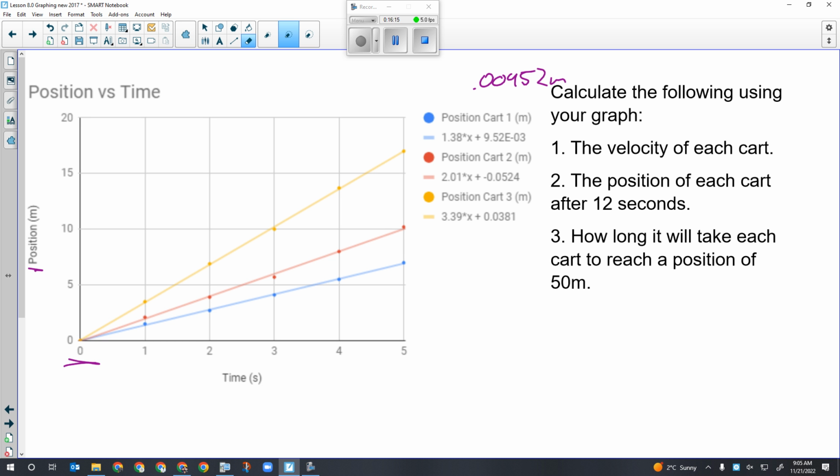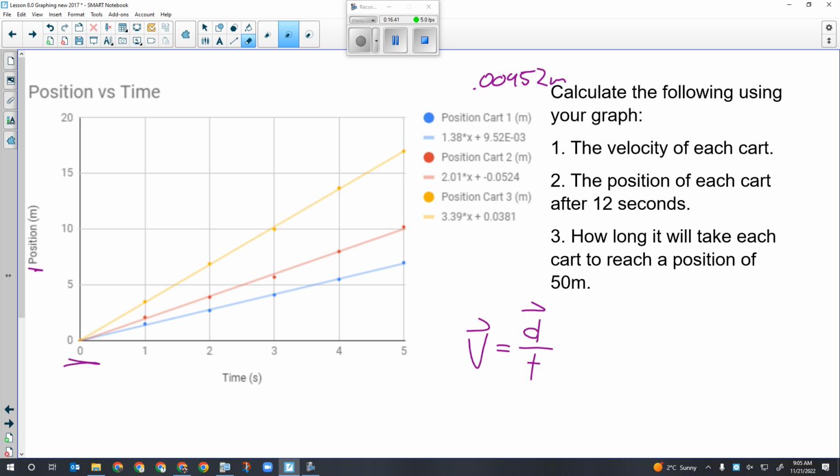I can also get the velocity off of this graph. What's our formula for velocity? How do we calculate velocity? Displacement divided by time. Now we were just saying that displacement is the change in position, yes?